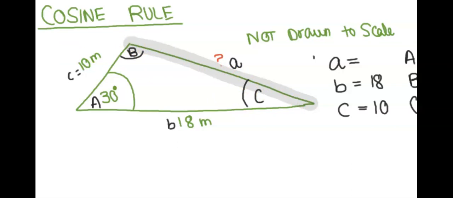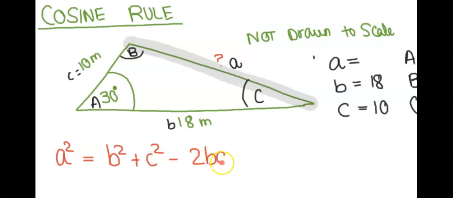So I have the formula, I have the equation a square equals b square plus c square minus 2bc cos A. I will simply put the values in the calculator.